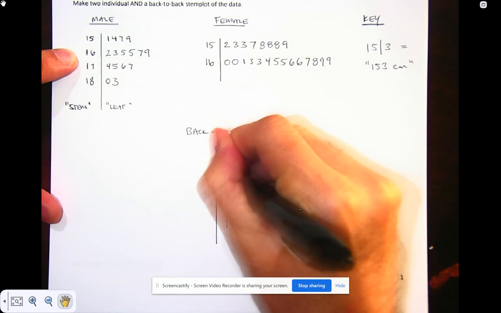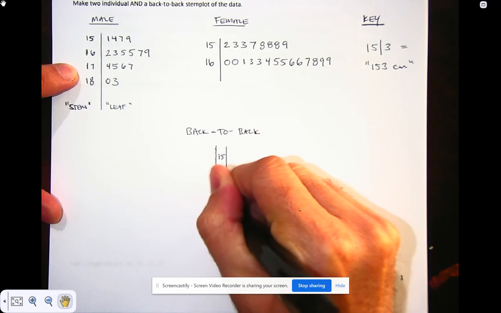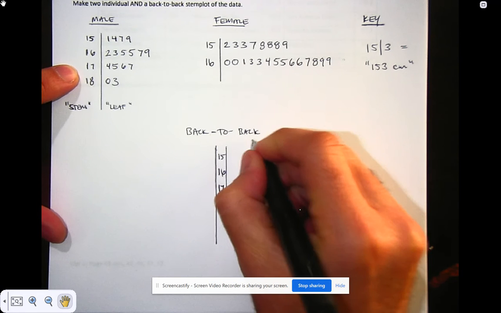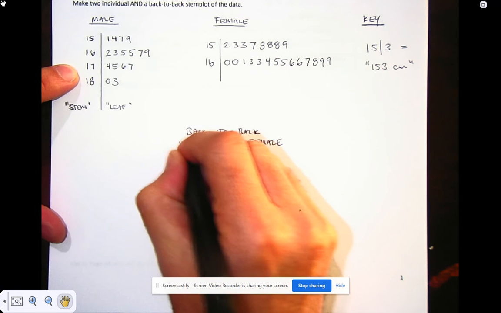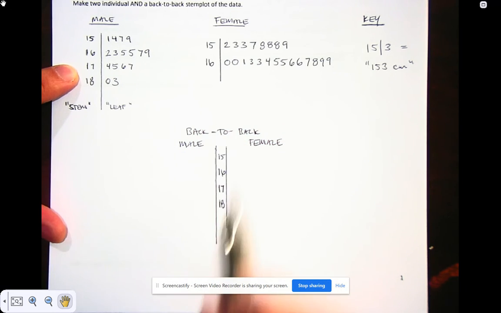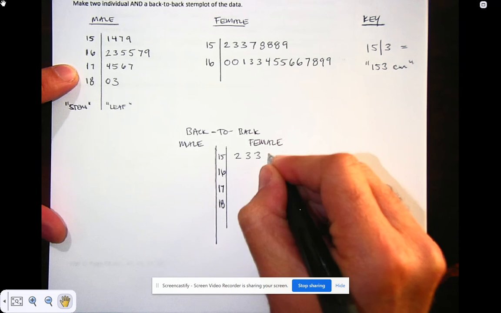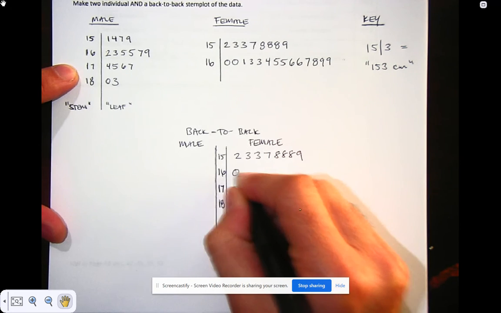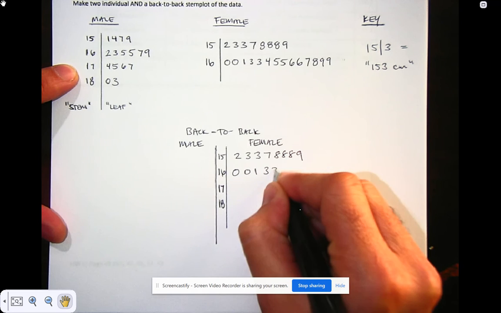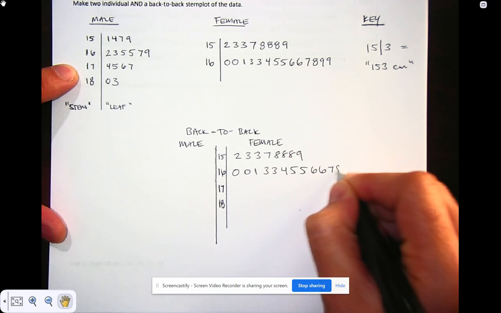So here I would do 15 and 16 and 17 and 18. And maybe on this side I will do female, and on this side I will do male. Okay, so if I do my females, I can just recopy. It was 2, 3, 3, 7, 8, 8, 8, 9. 0, 0, 1, 3, 3, 4, 5, 5, 6, 6, 7, 8, 9, 9.